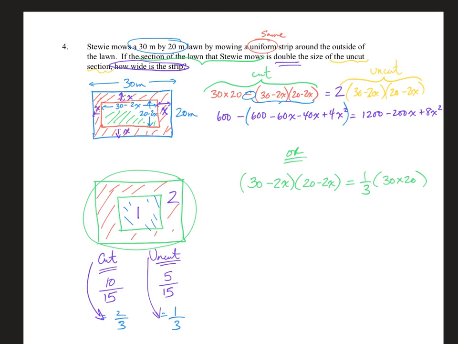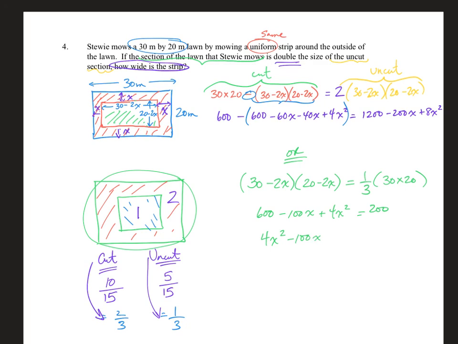And so now when I go through to expand that, I can expand the brackets on the left. And on the right side now, I have 600 divided by 3. Notice I miss out on all the ugly algebra.